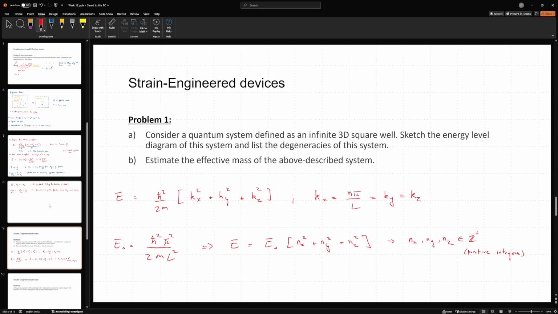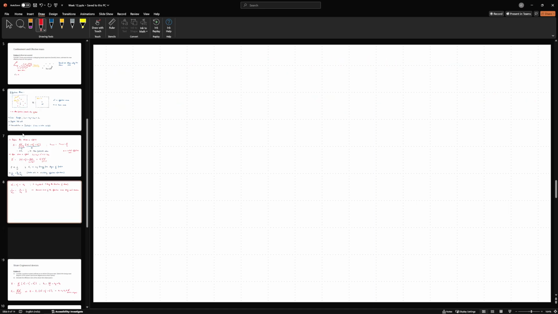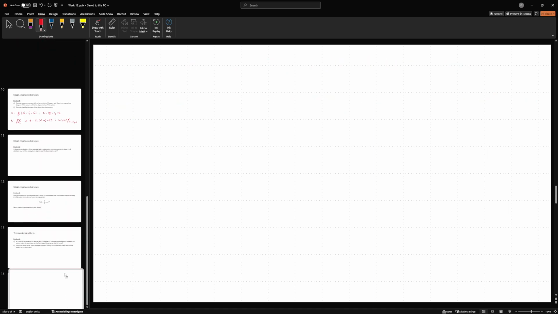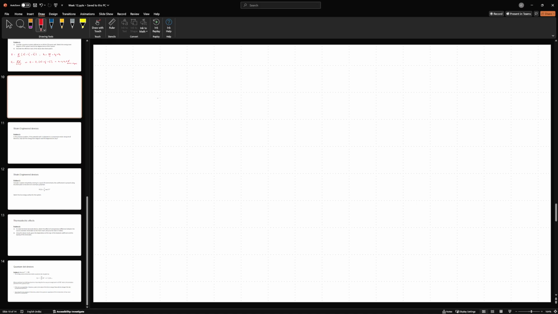So let me just create a new slide here. Let us just look at the energy values. The lowest energy value, E1, is going to be when all three values are 1. So that's going to be 3 E naught. So this corresponds to 1 comma 1 comma 1. Let me write this as nx comma ny comma nz.